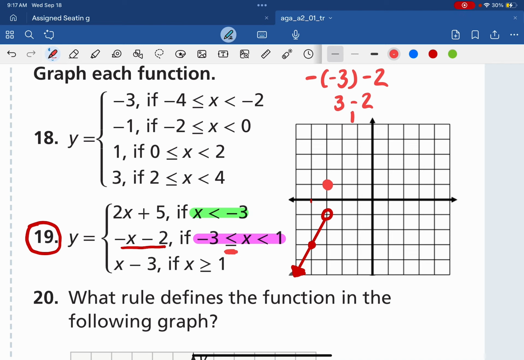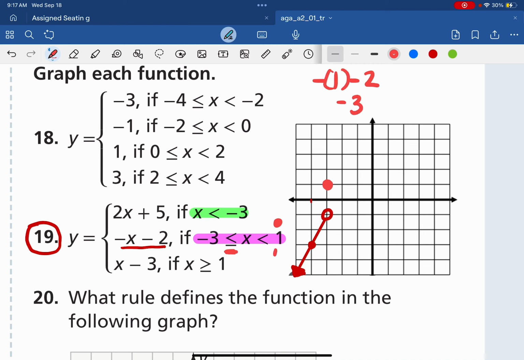It wasn't included in the first piece because there was no equal to sign, but -3 is included in this piece. Okay, I'm going to do one more point. I'll do that at the end point. So I have -1, that's where I get my 1 from. -1 minus 2, which is -3.